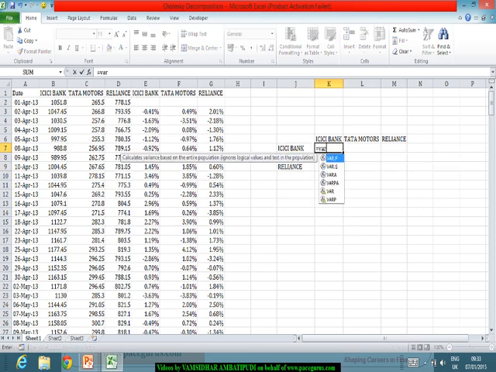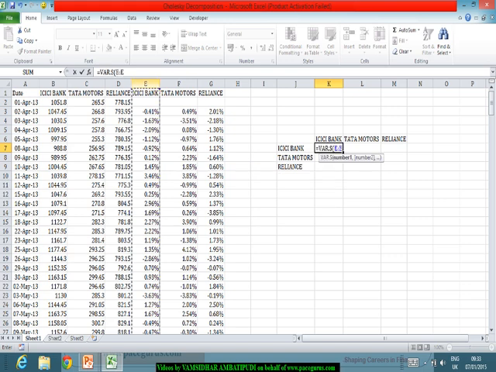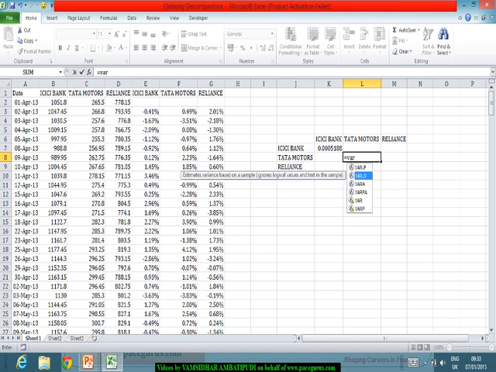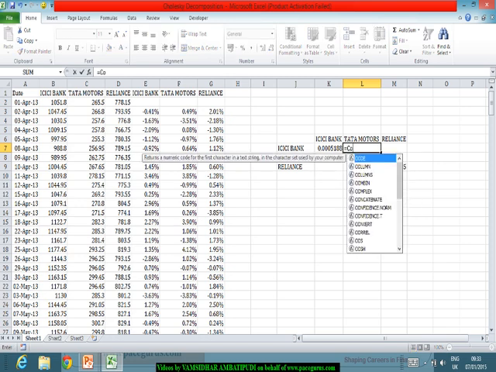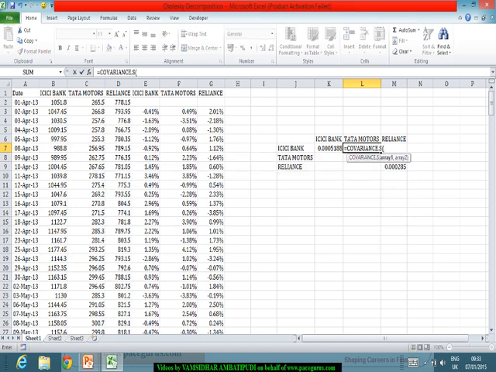So here I am computing the variance of ICICI Bank, the variance of Tata Motors, and also the variance of Reliance. And similarly, I am taking the covariance between the ICICI Bank returns and the Tata Motors returns. Similarly, the covariance between ICICI Bank returns and the Reliance returns.